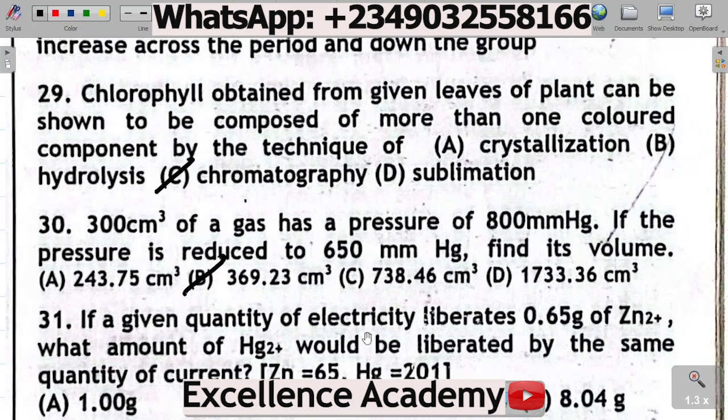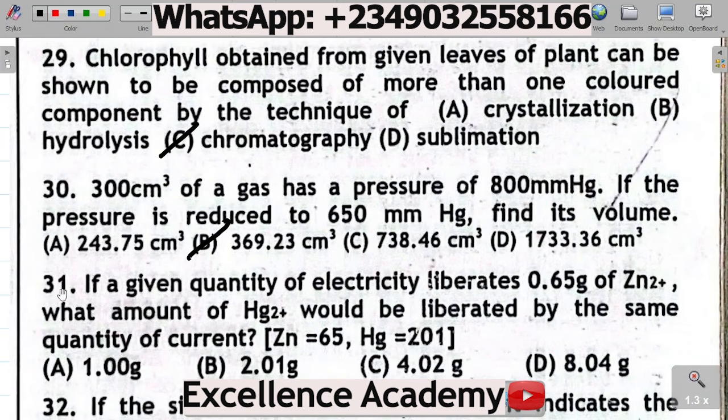All right, so as usual, I'll leave the next question, question 31, for you to solve. Question 31 says, if a given quantity of electricity liberates 0.65 gram of zinc 2 ion, what amount of Hg, that's mercury 2 ion, would be liberated by the same quantity of current? You're given the atomic mass of zinc as 65.